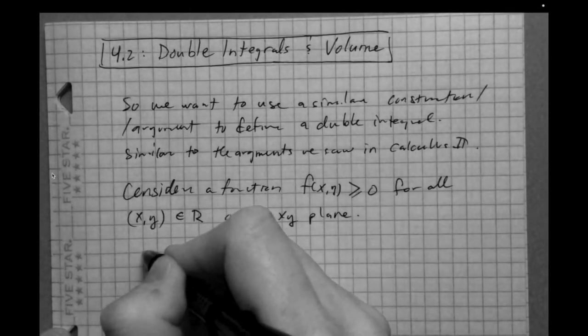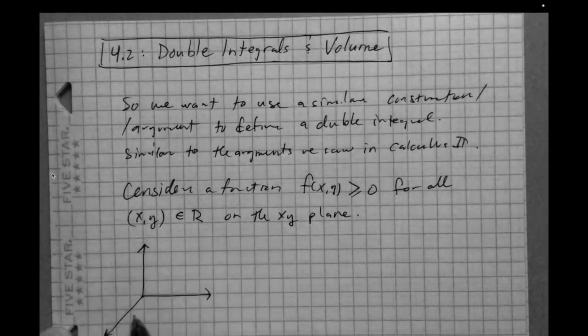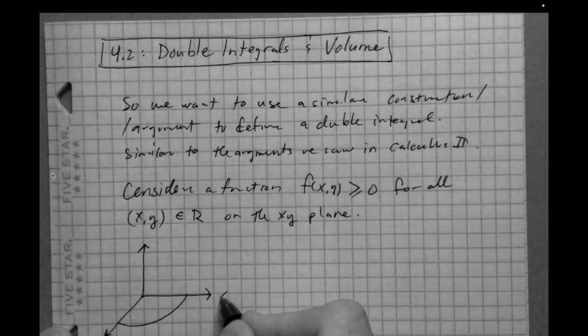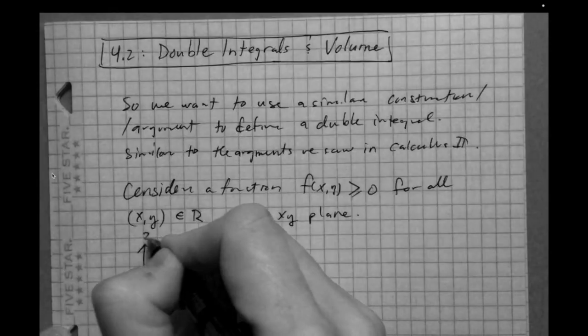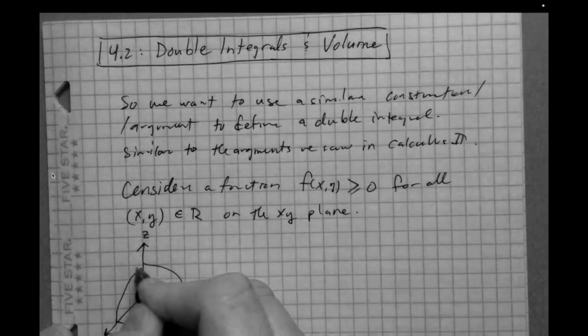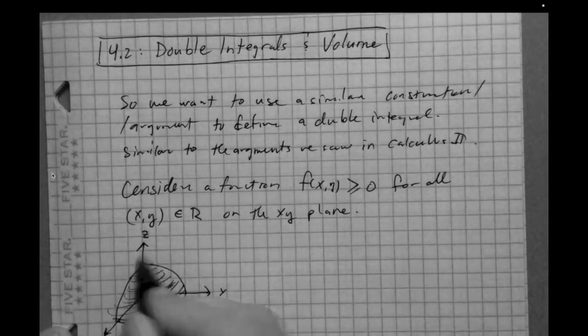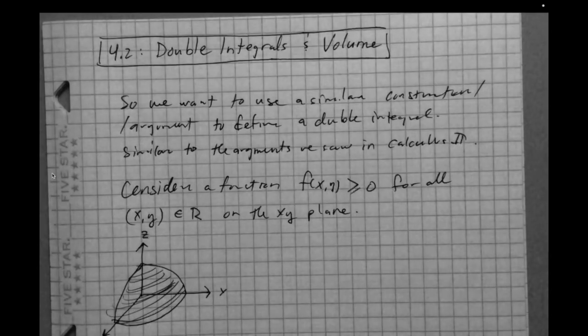So here's our xyz plane. We're going to have some region in the xy plane. These are our y's, these are our x's, and up here are our z's. Some region of interest, and that region of interest is going to produce a surface. It could look like this, for example.